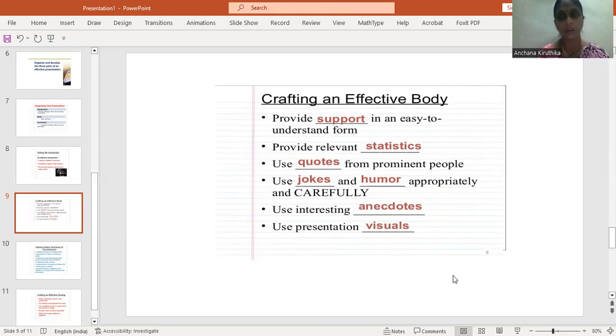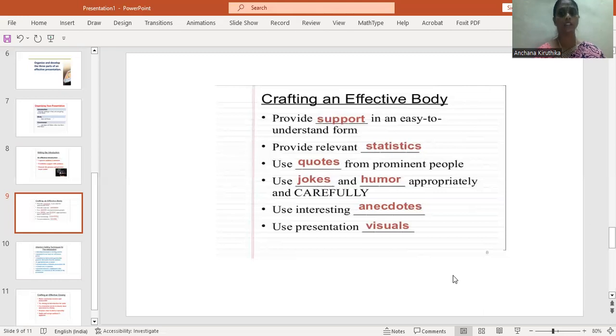Whatever we are communicating, maybe a theory, a diagrammatic representation, a problem, or any theorem, it should be understood by the audience in an easy way. So we have to provide the support.